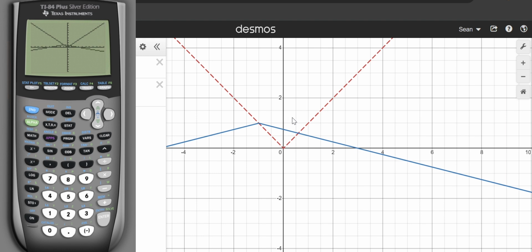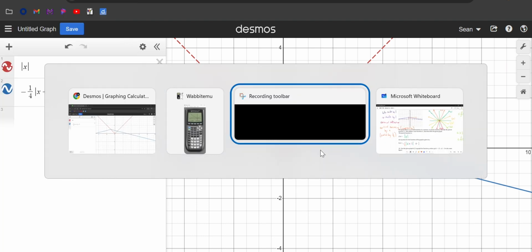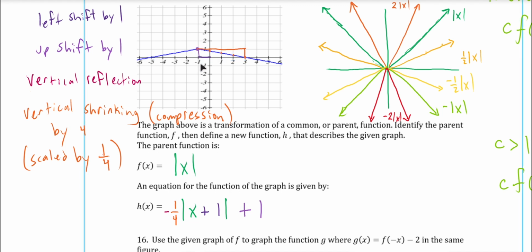It's a little bit easier to see what's going on in Desmos than it is on this calculator, but we can get to what we need on this calculator by zooming appropriately. If we go over here to this area where there's a lot of detail going on and zoom in, we can see that this function has all the properties that our graph did on Desmos and that our original graph did in our problem. And this is just a nice way to check your work and make sure that you've included every transformation while using an allowed calculator.